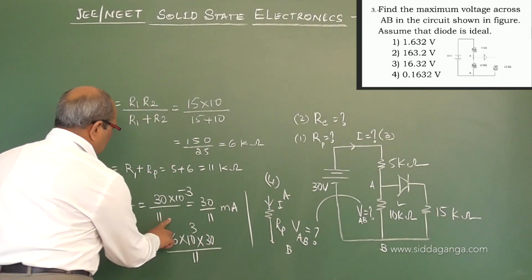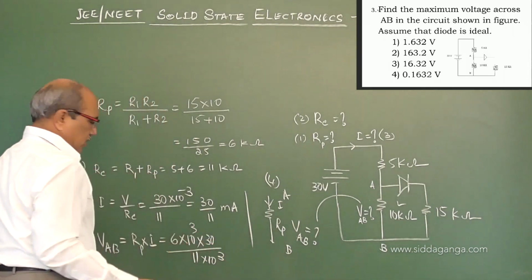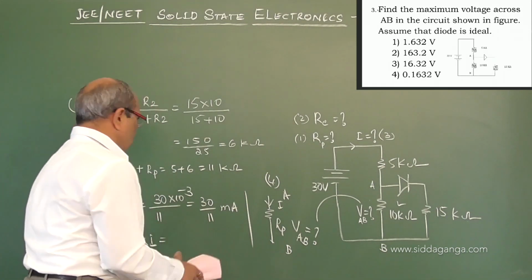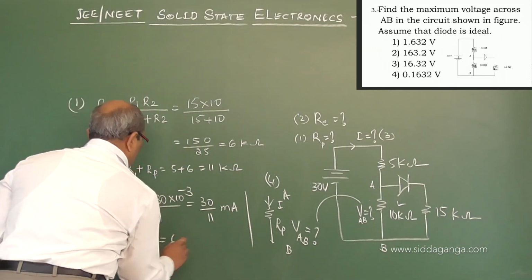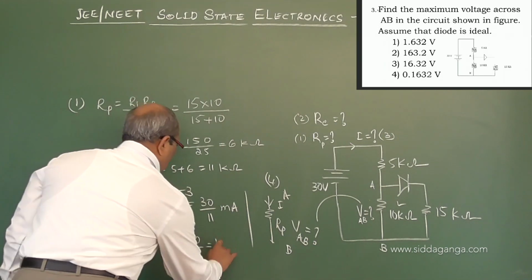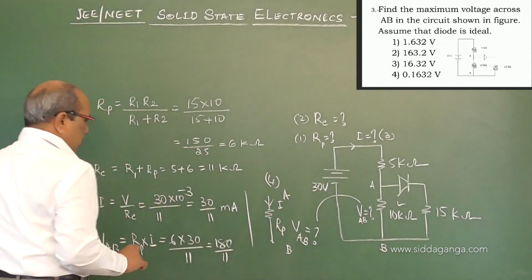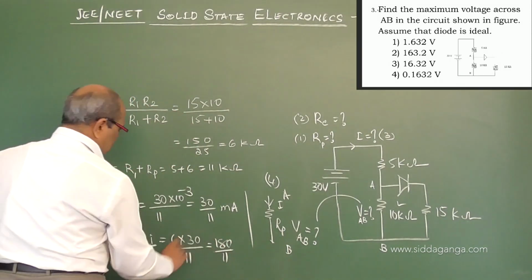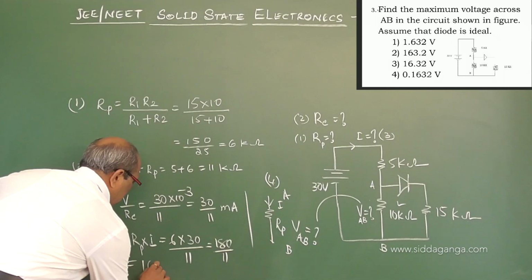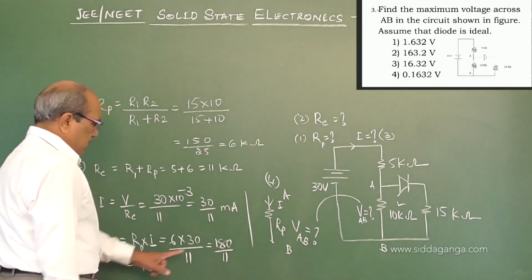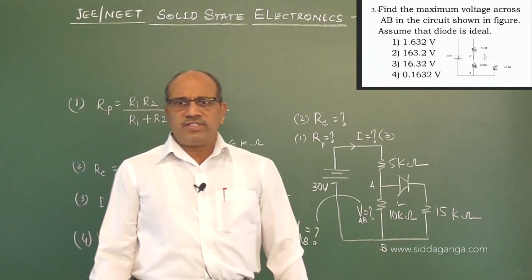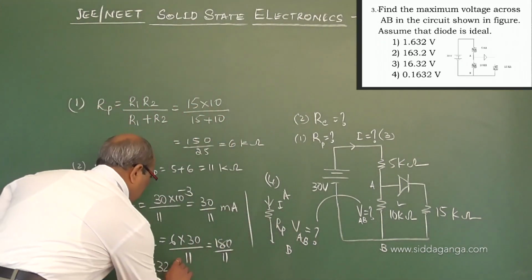So with RP as 6 substituted, 6 into 30 by 11, the answer comes to 180 by 11. The value is around 16.32 volts.